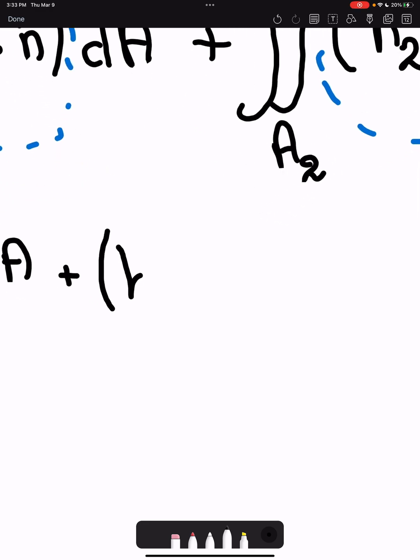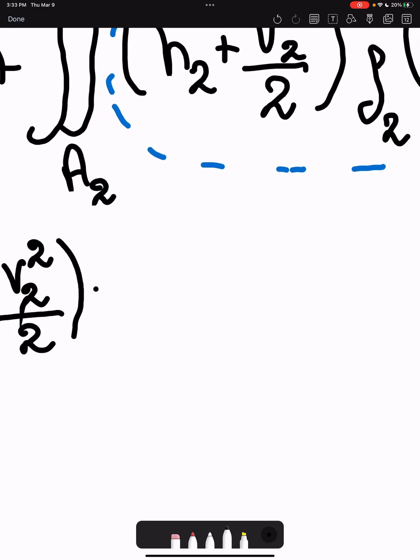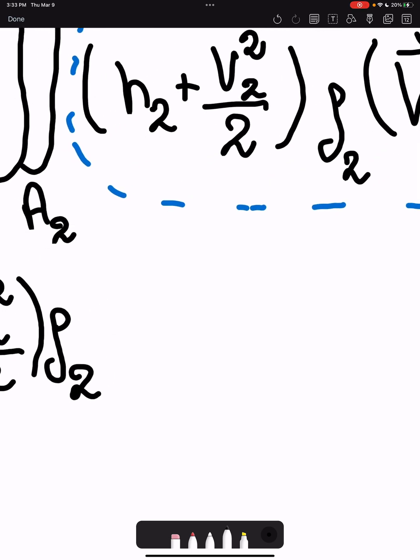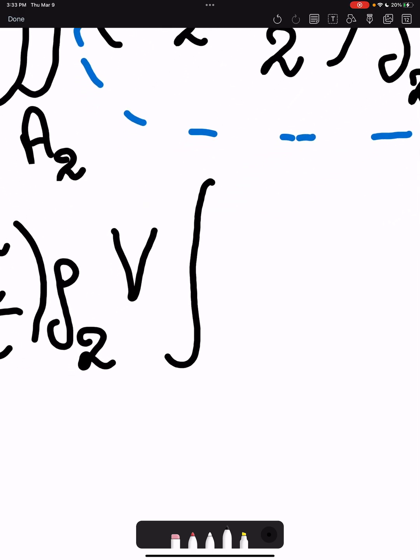So that's going to be our total enthalpy, which I'll define later, H sub 2 plus V sub 2 squared over 2. Then we close that. And then we have a rho 2. Then we have a v. It actually doesn't have a negative sign here because v2 points in the same direction as the normal vector. And then we have a double integral. I don't know why these integral signs come out so bad.